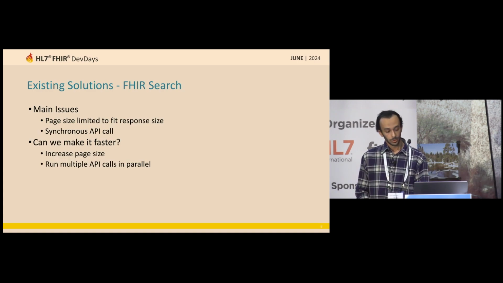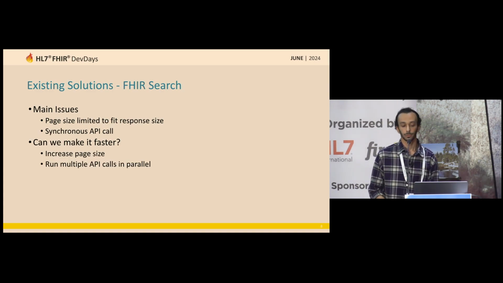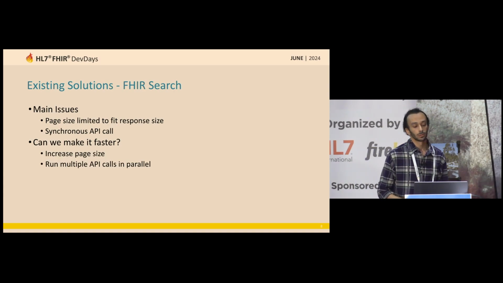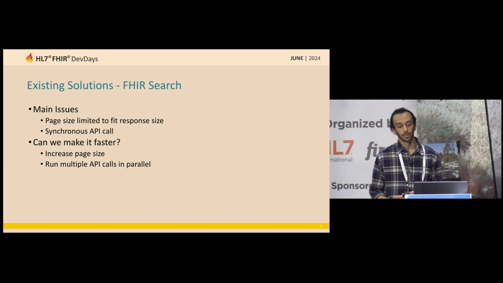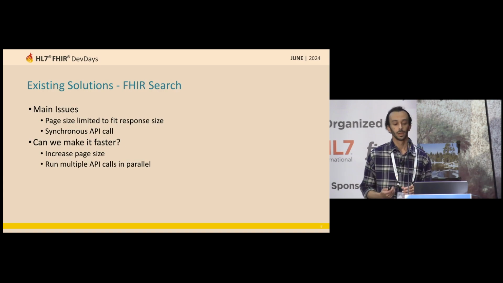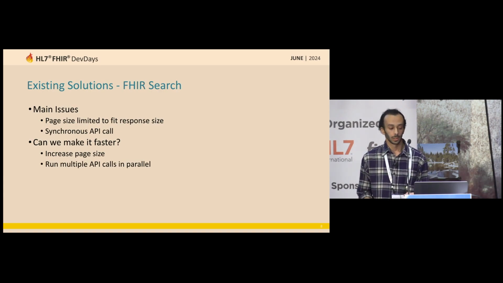A second solution is, for example, doing a FHIR search. But the main problem here is that FHIR search is not designed to get data at scale. It's a synchronous API call, and usually servers will limit the page size, the number of results you get in your search response, in order to fit the response size.